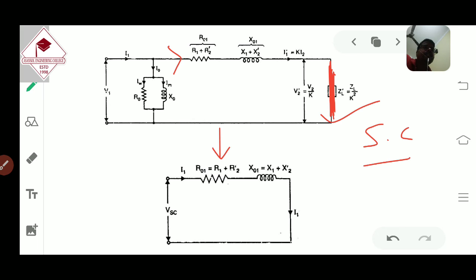Say this I1 current is flowing through this one. With respect to this I1 current, this I0 is very small. We already know that it is 2% of the rated current. So it is too small, so for the time being we can neglect this current, because it is very small.